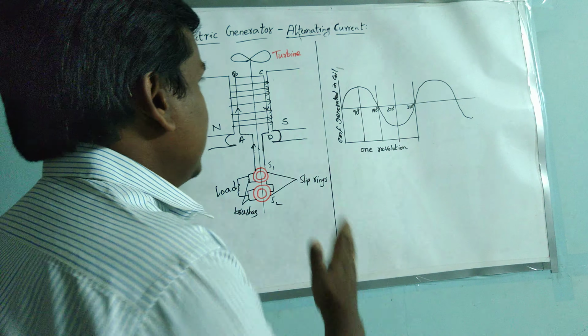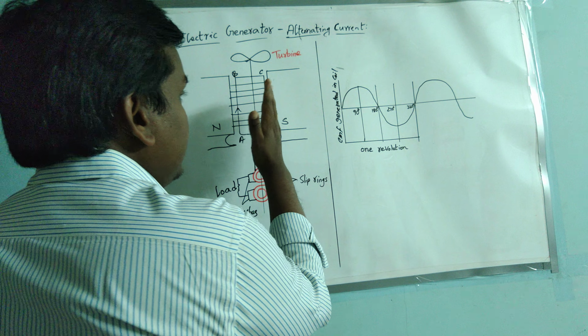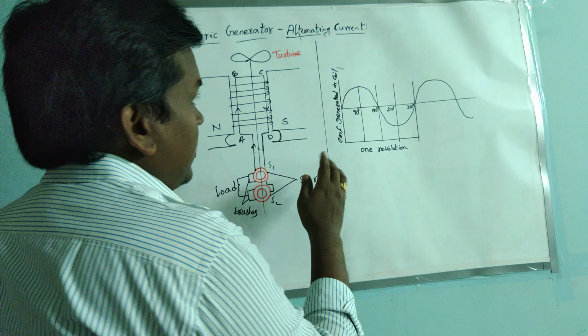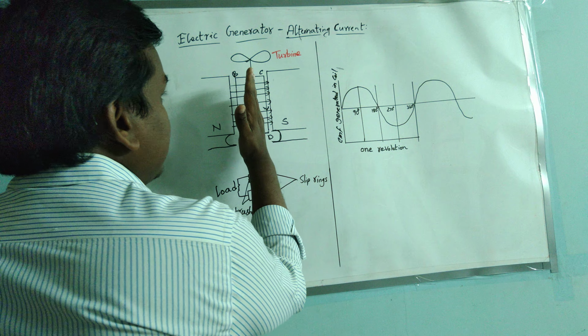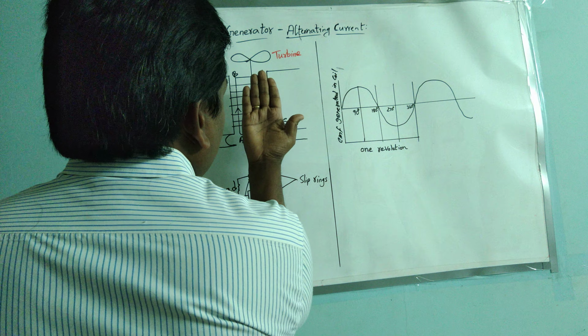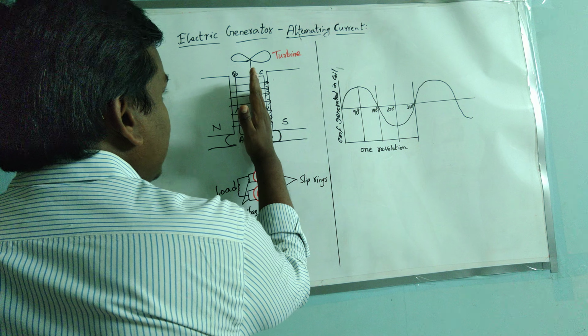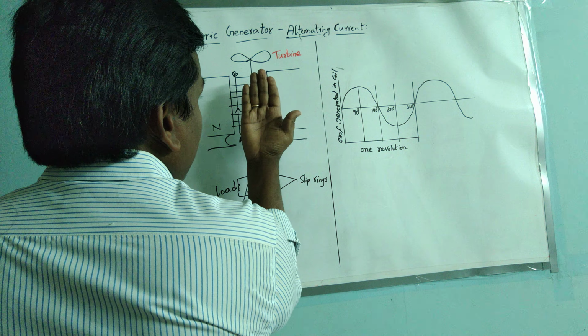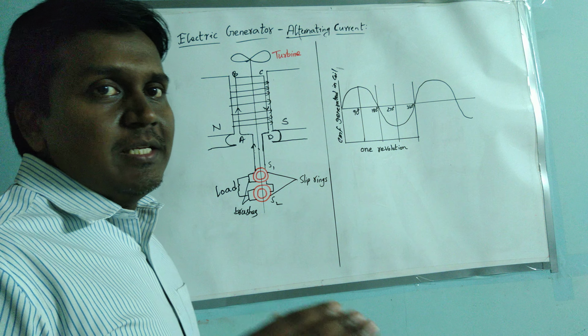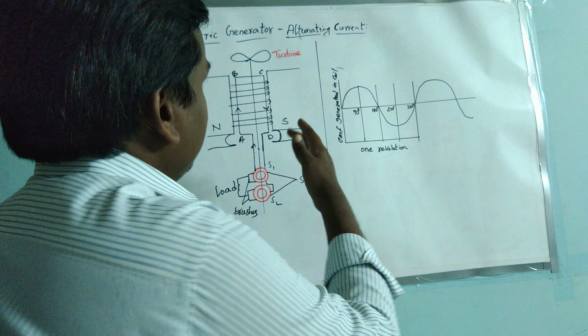And when the armature makes a quarter turn, not half turn, quarter turn, that means when it comes to horizontal like this, first it is vertical, when it becomes horizontal, what happens? When it is horizontal, the field is parallel to the armature.